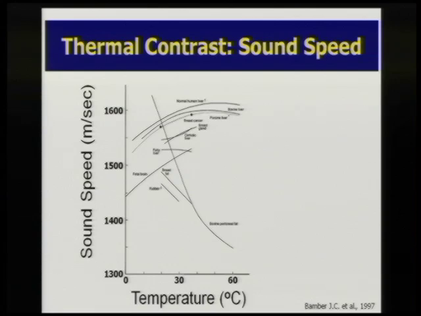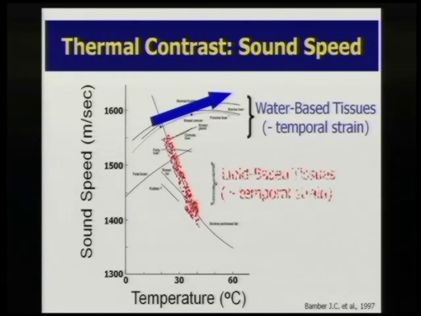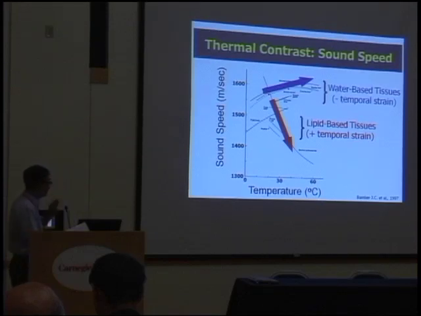What we noticed is that in most water-bearing tissues, as temperature increases, the sound speed increases, whereas in lipid-bearing tissues, as temperature increases, the sound speed decreases. It's a very subtle change, but one goes positive and one goes negative, which is a great contrast to image.